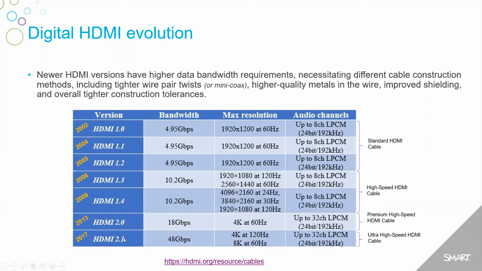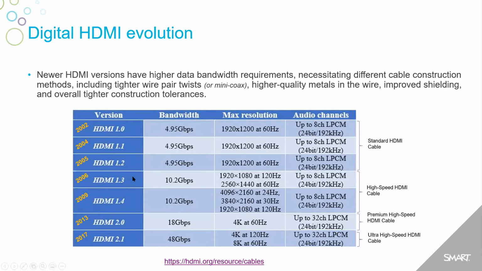The features and capabilities of HDMI have increased: the maximum resolution that it supports, the number of audio channels it supports, additional features such as high dynamic range lighting, higher bit depths for wider color gamuts, and things like that increase as the version increases. There's some great resources online at the hdmi.org website. Wikipedia has a nice article that really goes into the details if anyone wants to know.